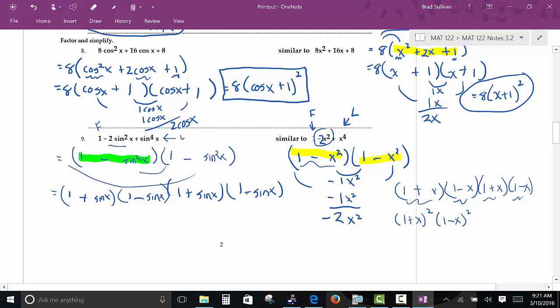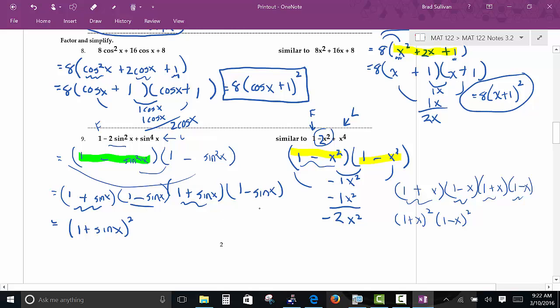Okay? There is something else we could have done on this problem with an identity, but I'm just going to factor it. That's my choice. I'm not as concerned about using identities on this problem as I am factoring. So now, since we have two of those, we could write that as 1 plus sine x squared.